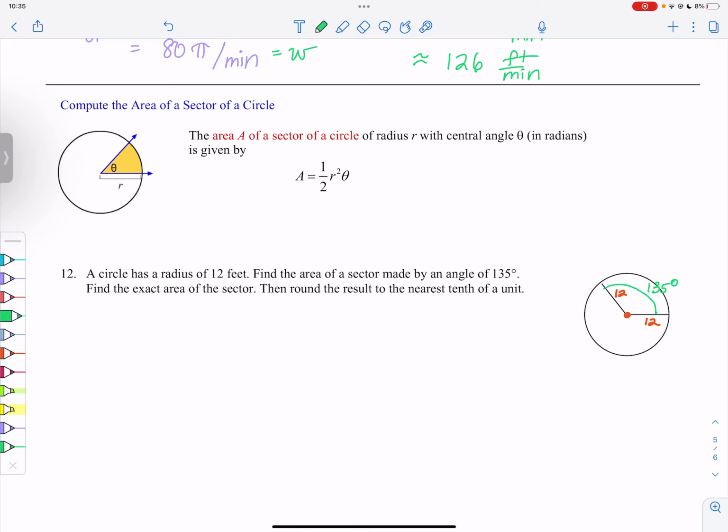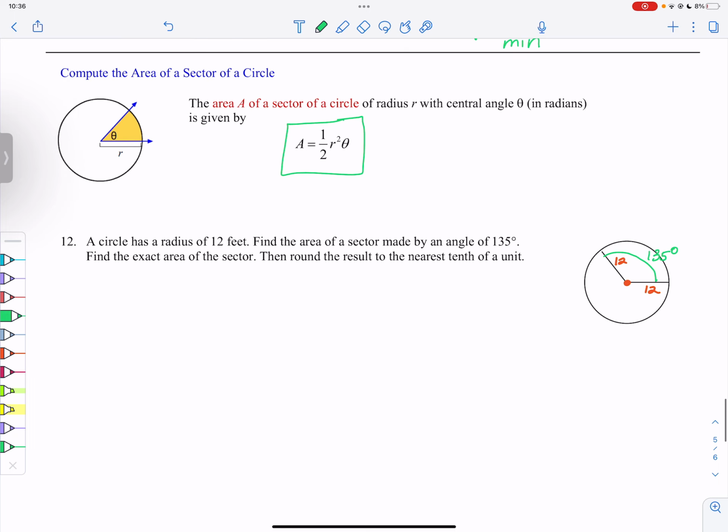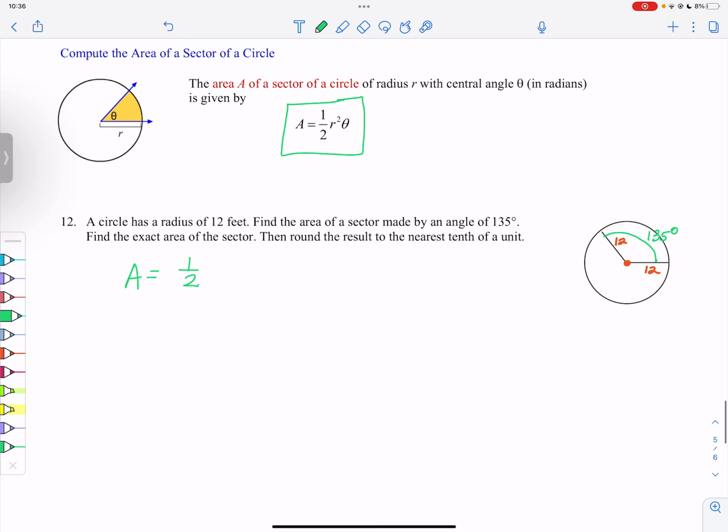So now they've asked us to find the area of that sector. So we're going to use this equation. So area is 1/2, and now we need r squared, and so that would be 12 feet squared.